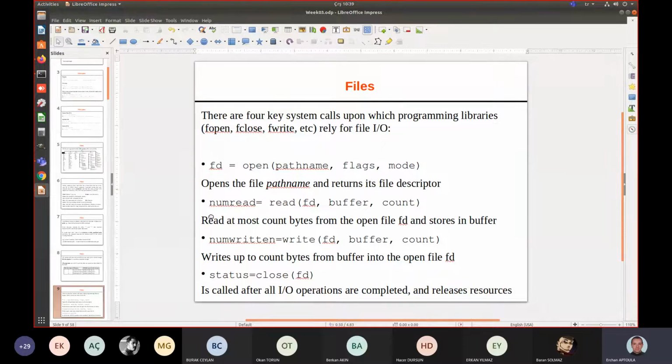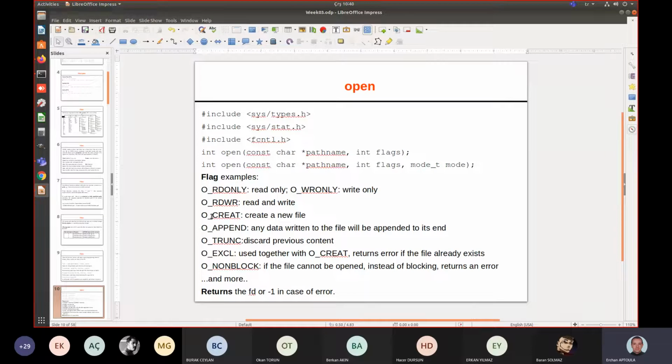It reads from the already open file descriptor FD, count number of bytes into the buffer that has been given as a parameter. Write writes to the open file descriptor FD, count number of bytes that are located in the buffer. And of course, close closes the open file descriptor represented by FD and returns all the allocated resources back to the system.